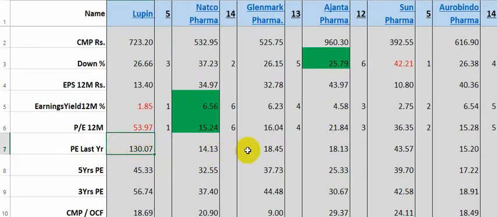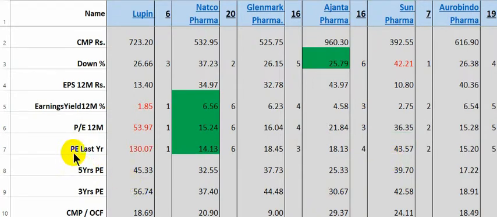Among the other peer group companies, Sun Pharma was trading at 43 times its earnings. Even in the last year's price earning multiple, Natco was available at the lowest valuation, and Lupin was the most expensive at 130 times its earnings.